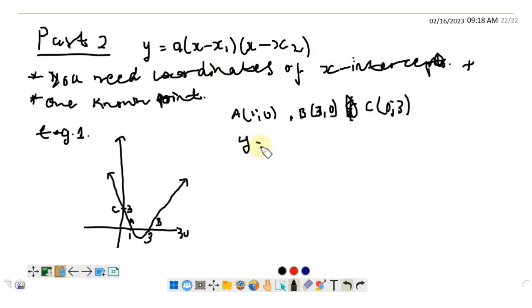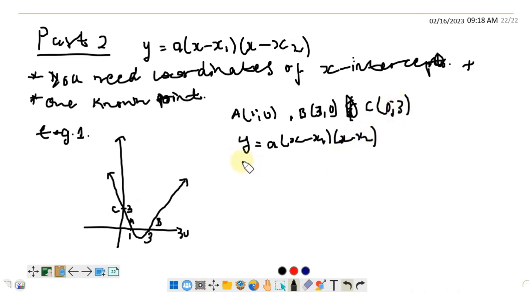So y equals a into x minus x1 into x minus x2. So the equation, guys, is this one. From that extra coordinate, we're going to substitute x and y.